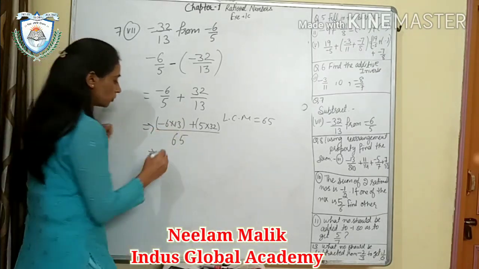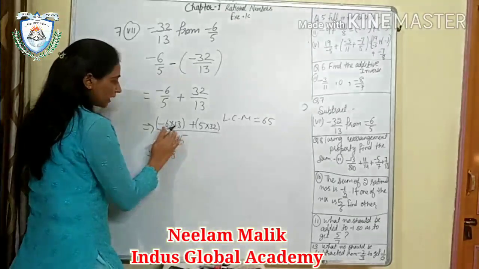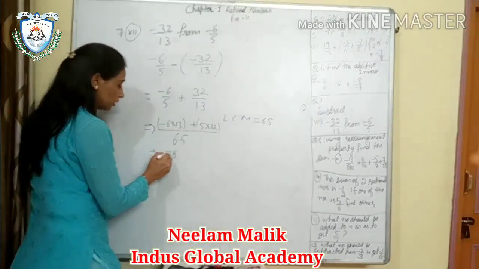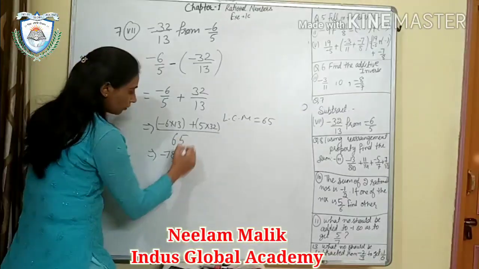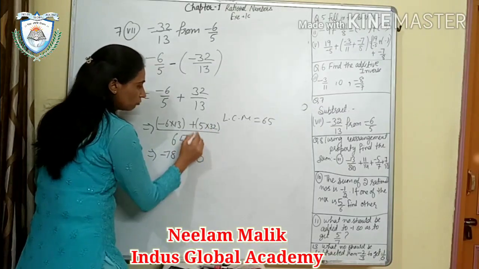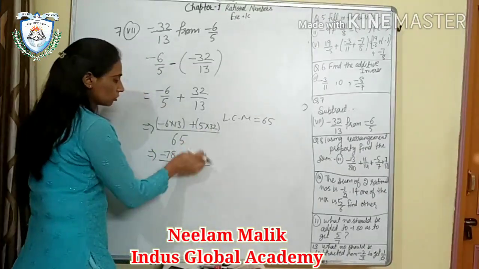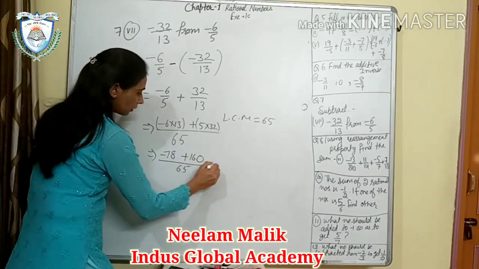So 13 6s are 78, negative. Now here plus, you will multiply this: 5 2s are 10, 5 3s are 15, plus 1 is 16. Both are positive, so your answer is positive upon 65.